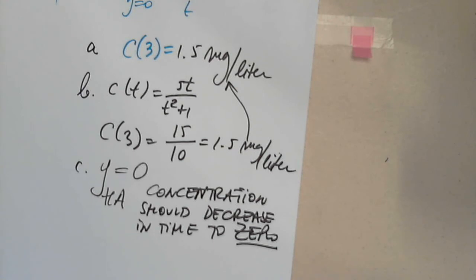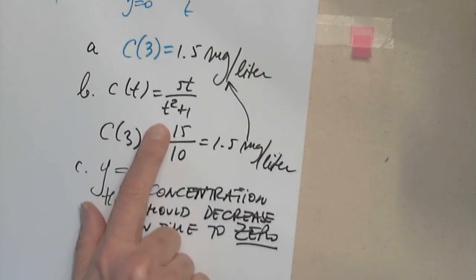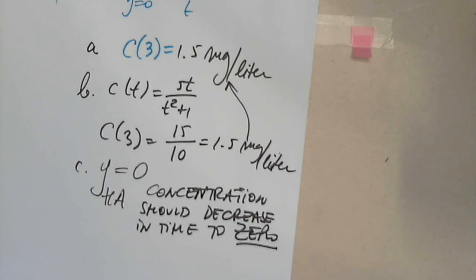Don't worry about it. When it comes to concentration, they studied these patients. That's how they came up with this function. They studied many patients, and after they gave them the same medication, they tested their blood in time to see how much medication they still had in their system.